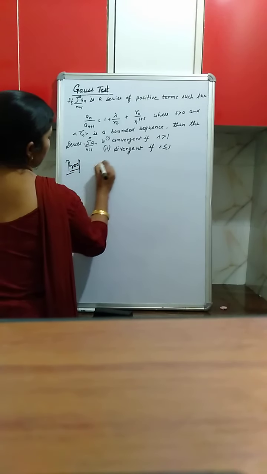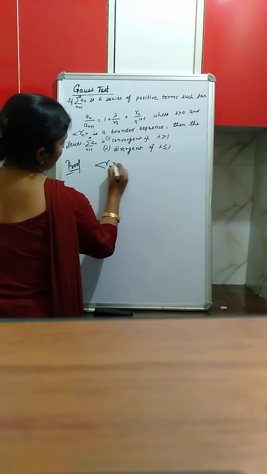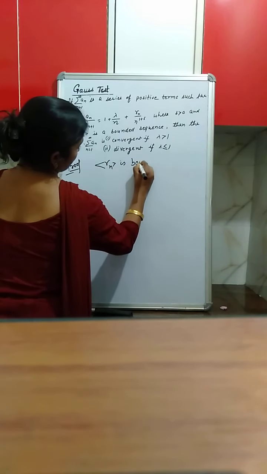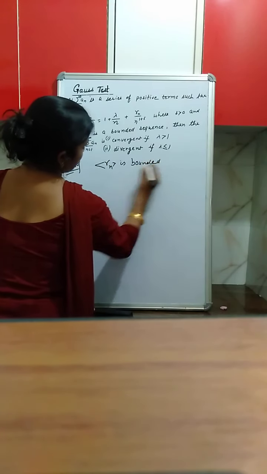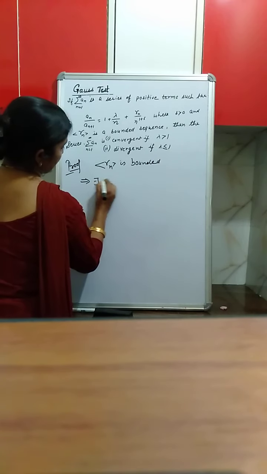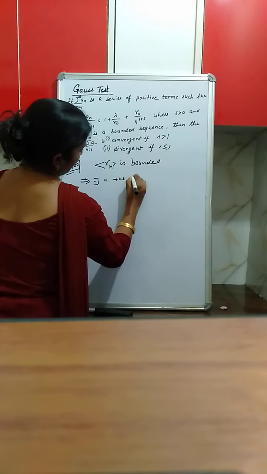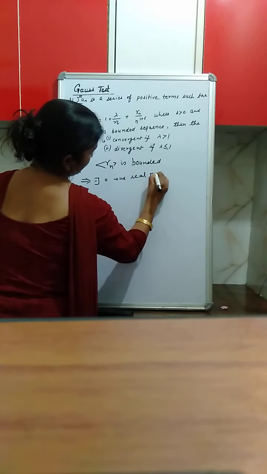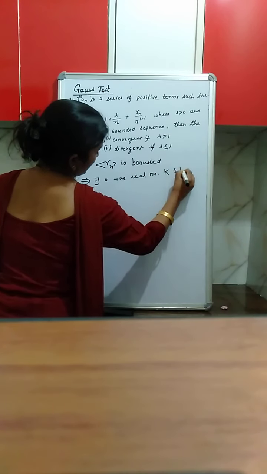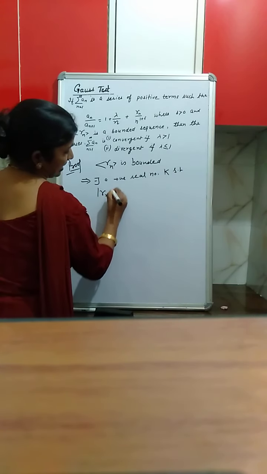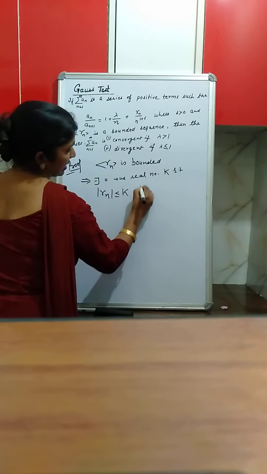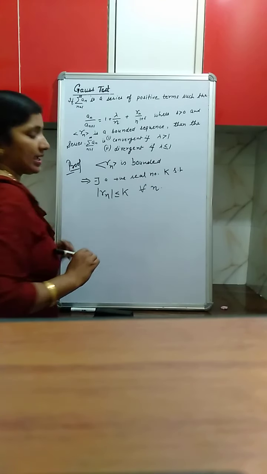We know that gamma_n is bounded. It implies there exists a positive real number k such that modulus of gamma_n is less than or equal to k for all n.